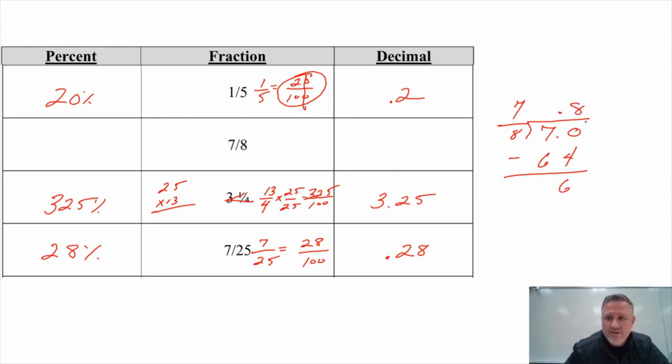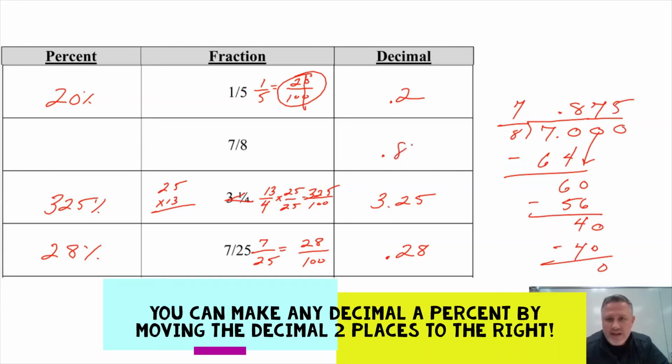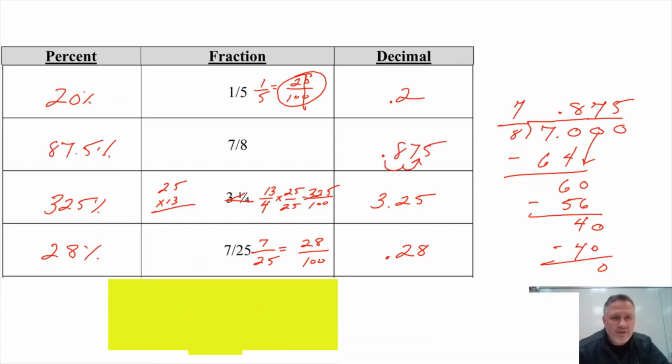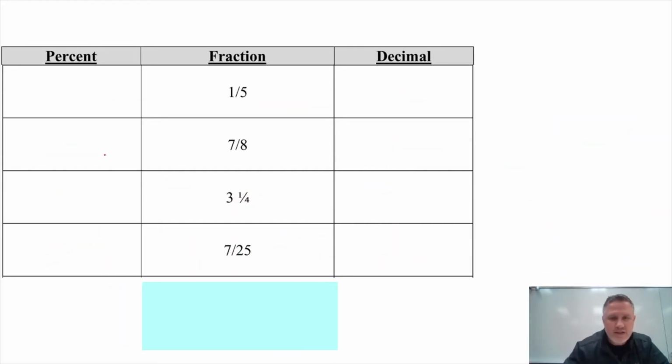With 6 left, add a 0, bring that down. 8 into 60, I'm going to multiply that by 7. 8 times 7 is 56. I get 4 left over. Add another 0, bring it down. And finally, 8 into 40 is 5, and it terminates. Remember, anything over 8 terminates. So that's 0.875. When I go 2 places to the right, I get 87.5%.